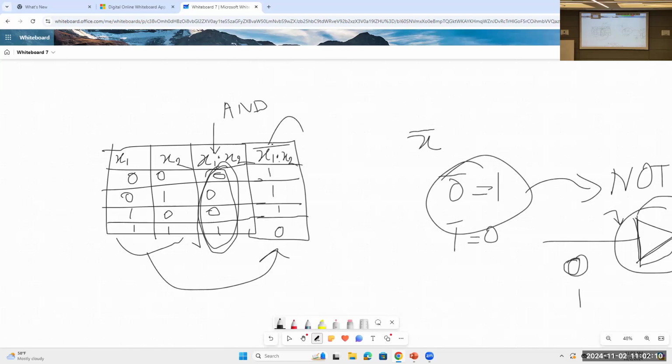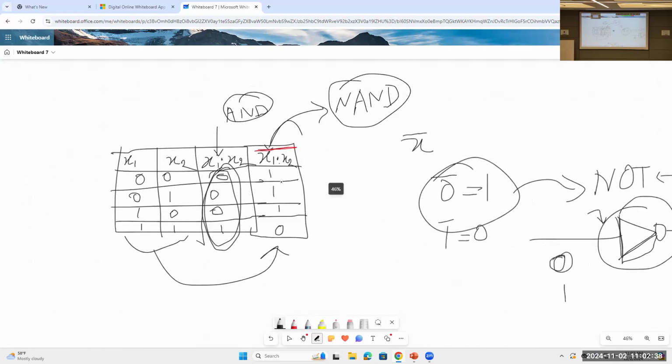We put a bar over x1 and x2 because this is the inversion of x1 into x2. If this is AND, this operation is called NAND. I am putting an N in front of AND to represent the inversion operation. So this is the NAND result.